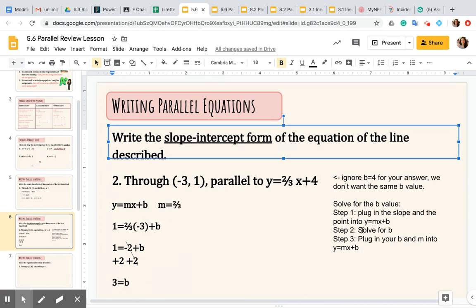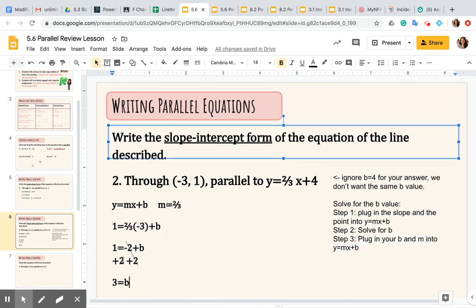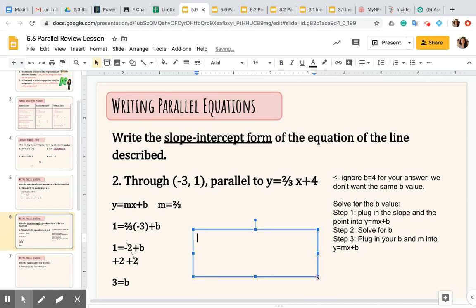So I look back over to my steps. I'm still not done. It now says, for the final step, plug in your b value, here it is, and your m value, here it is, into y equals mx plus b. And as I mentioned, it looks like I've run out of space, so I'm going to add a text box here off to the side for my final answer. It's going to read y equals, my m goes first, which is 2/3, 2/3 x, and then my b value goes last.